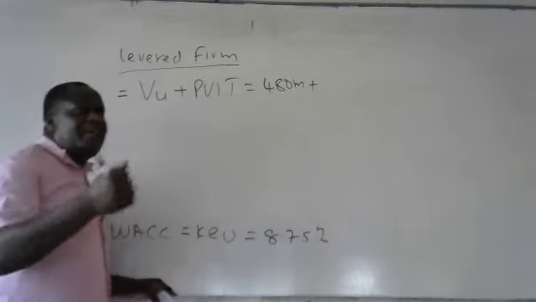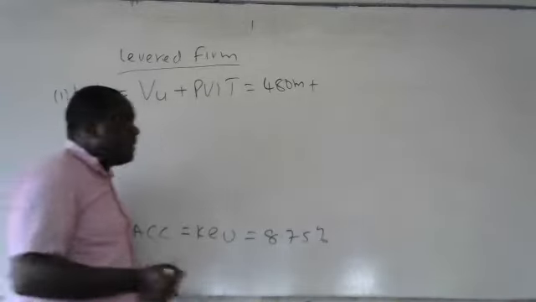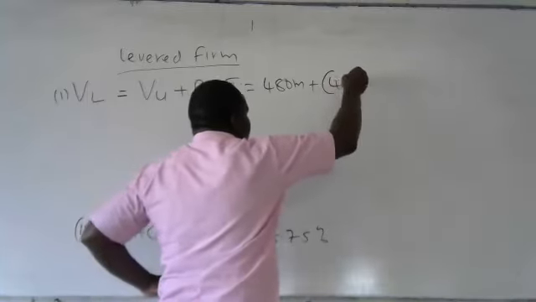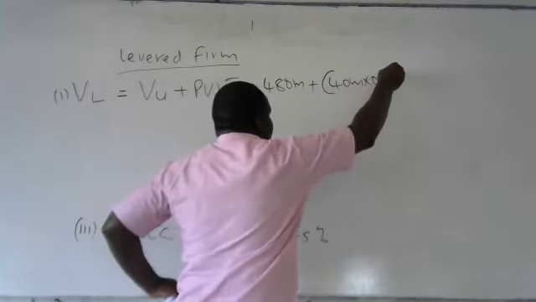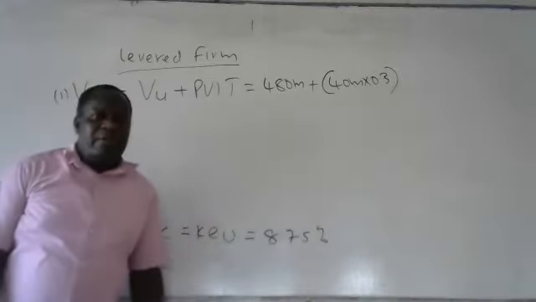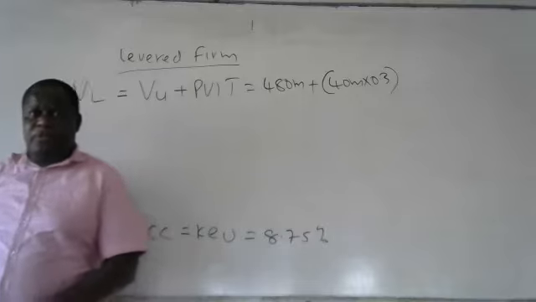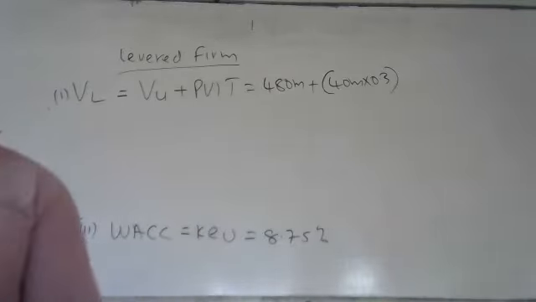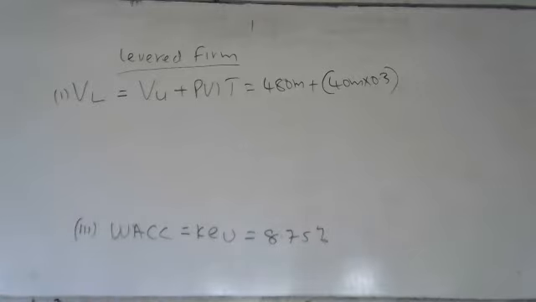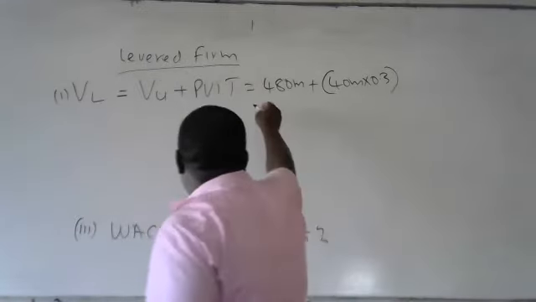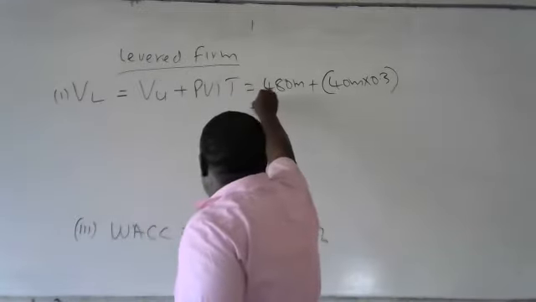So it is the debt multiplied by the corporate tax. The debt is 40 million. The tax is 30%. We multiply by 0.3 to give you that portion. So that is now the value of the farm when it is levered, and we get 492 million.